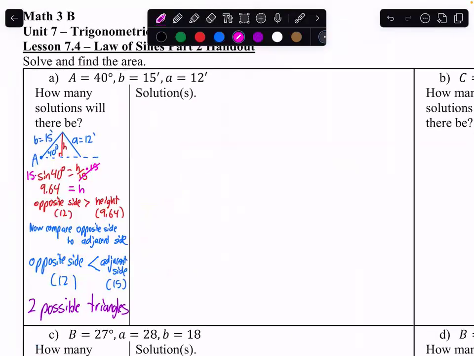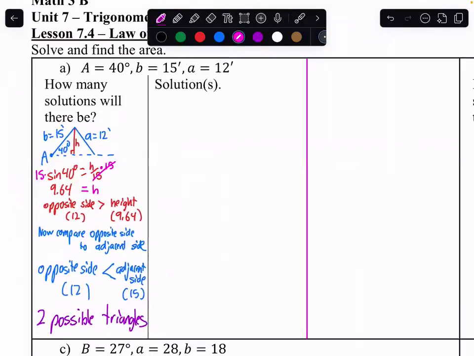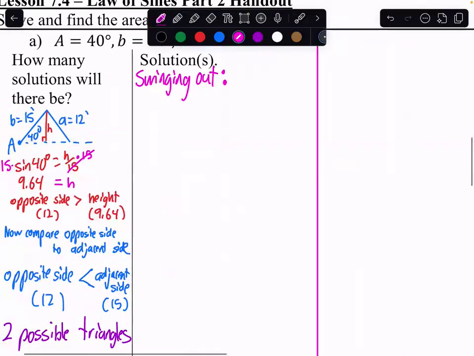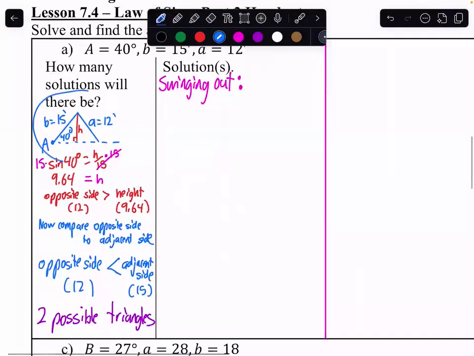Since there are going to be two triangles, I'm going to divide my workspace into two parts. Let's do the swinging out first. Swinging out is going to look like this one over here, so let me draw it one more time.